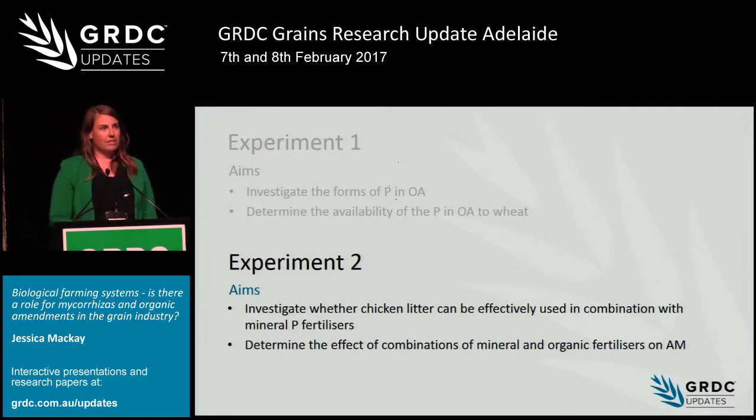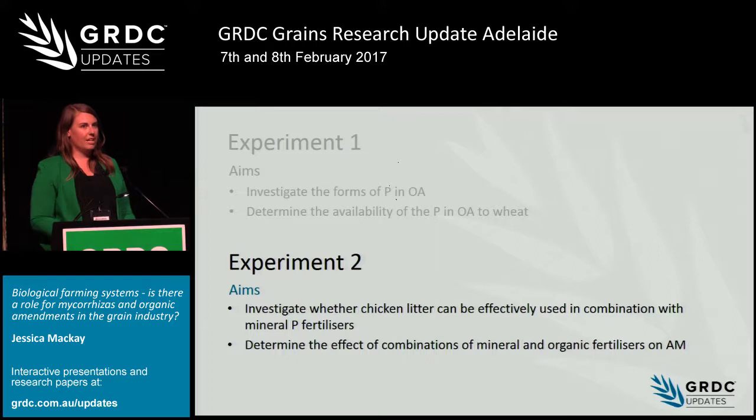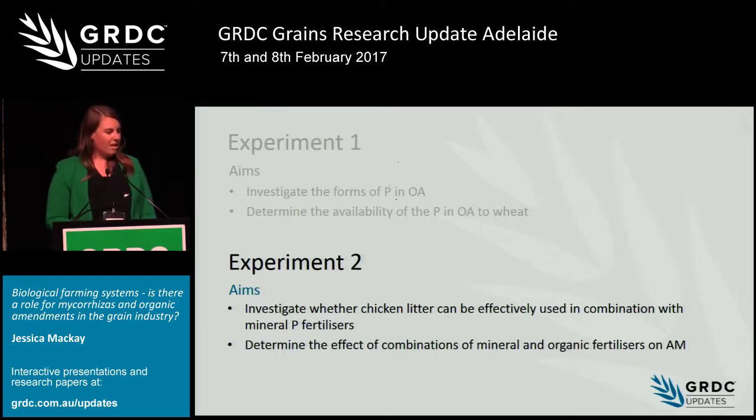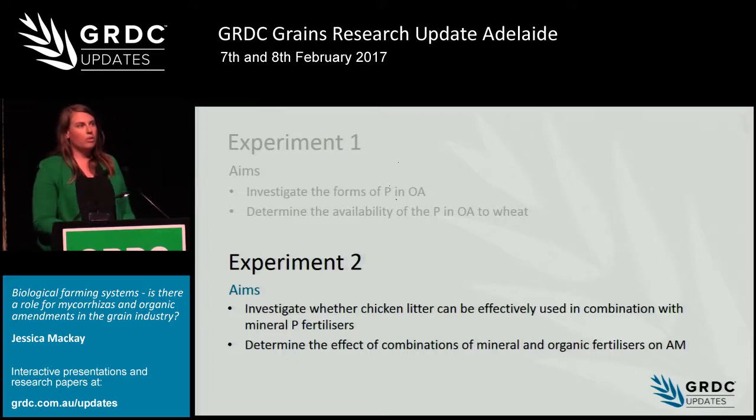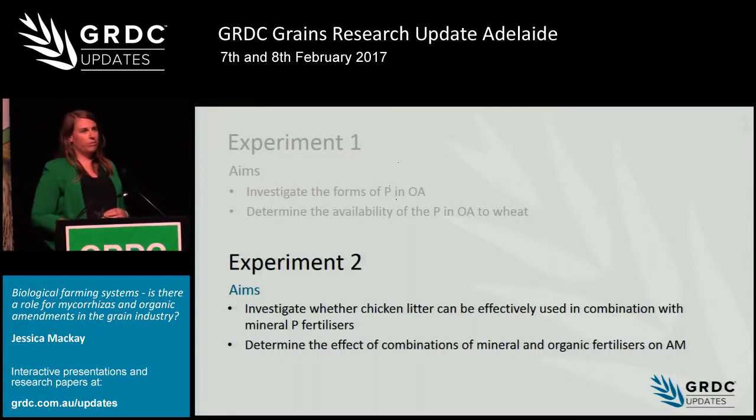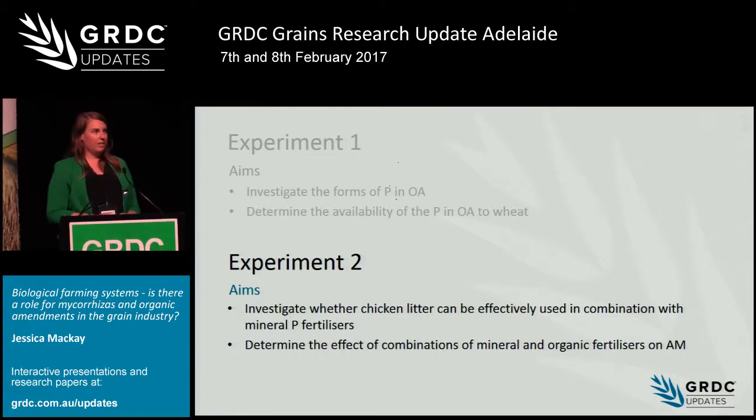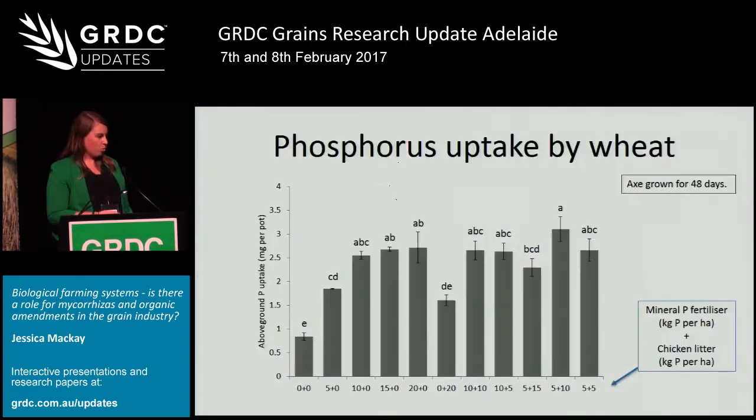I decided to pair the chicken litter with a mineral phosphorus fertiliser based on the assumption that the mineral phosphorus fertiliser would supply an immediate source of phosphorus to plants to support early growth, while the organic amendments could provide a slow release of phosphorus for later growth and development.